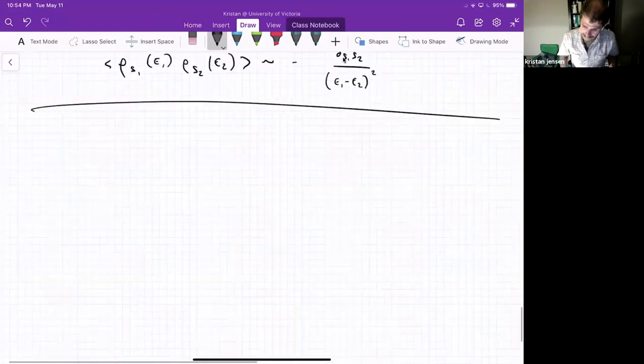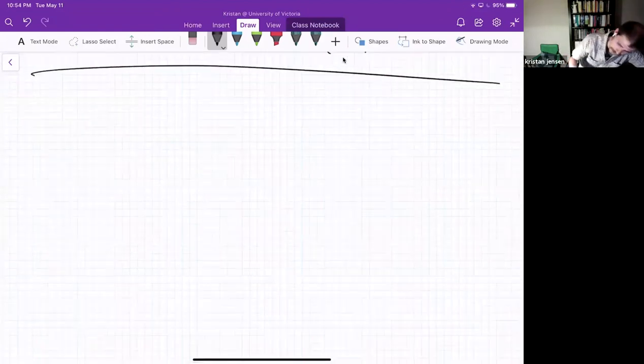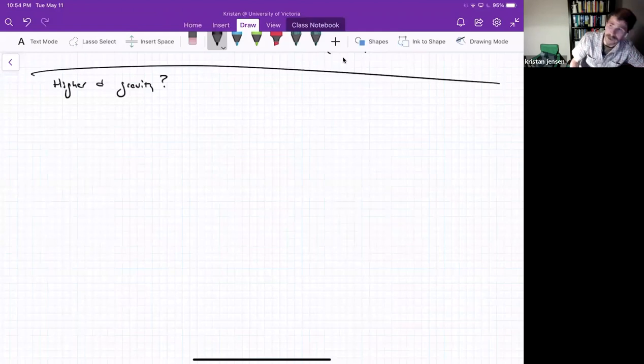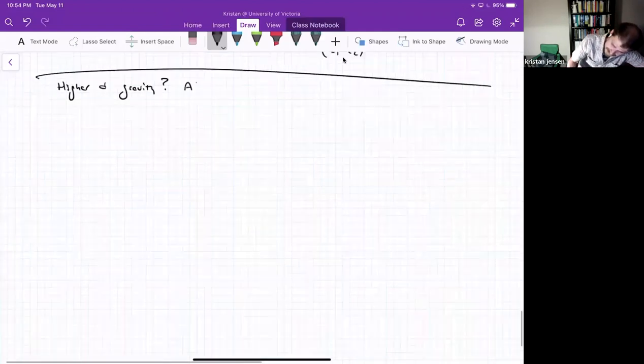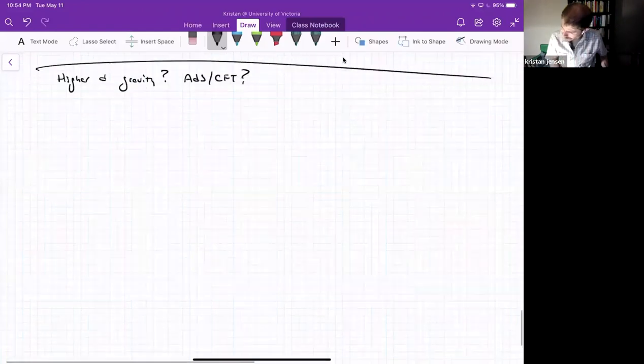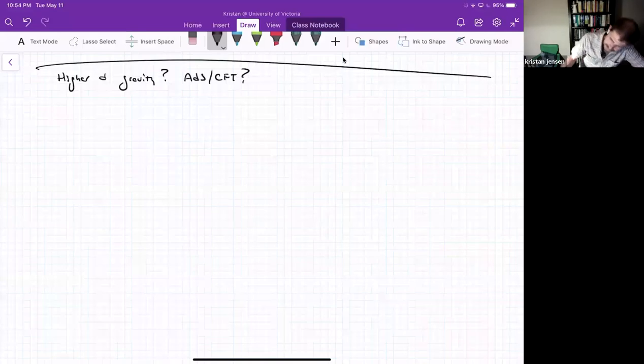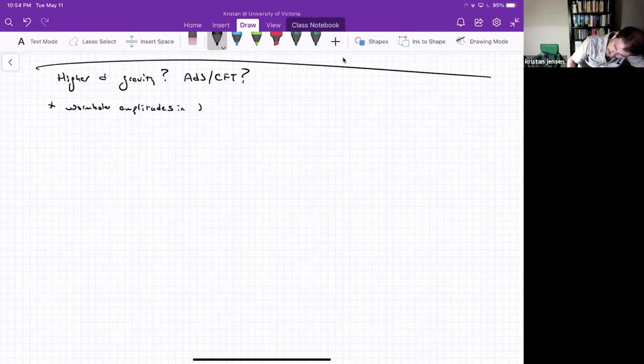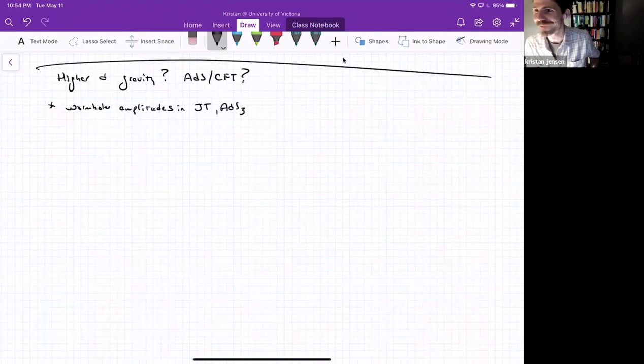And that brings us to the real meat of the talk. What about higher dimensional gravity? Honest to God Einstein gravity in higher dimensions, or even string theory and AdS/CFT? What about wormholes in that instance? At this point, we should pause and note that these wormhole amplitudes that I discussed above in JT and AdS3 are actually much more subtle than what I described.